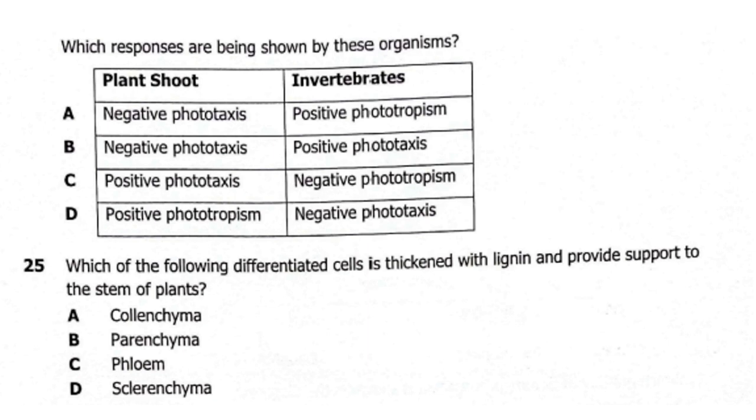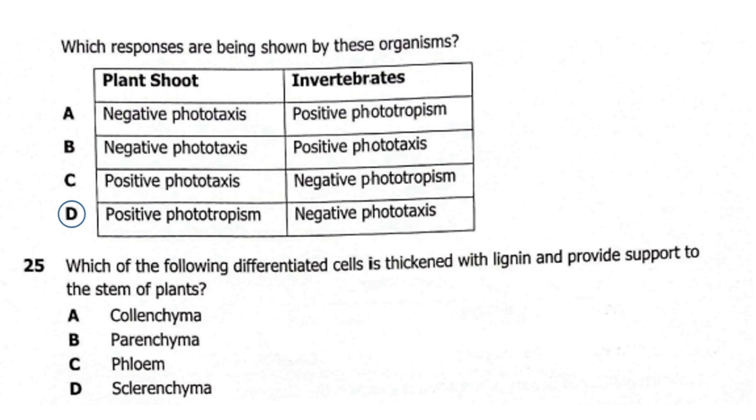B. Plant shoot, negative phototaxis; invertebrates, positive phototaxis. C. Plant shoot, positive phototaxis; invertebrate, negative phototaxis. D. Plant shoot, positive phototropism; invertebrates, negative phototaxis. The correct answer here is D. The plant shoot shows positive phototropism because it's growing towards light, and the invertebrates show negative phototaxis because they're moving away from light into the dark cave.